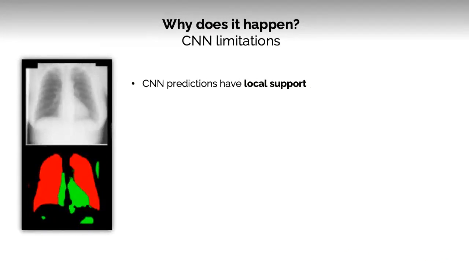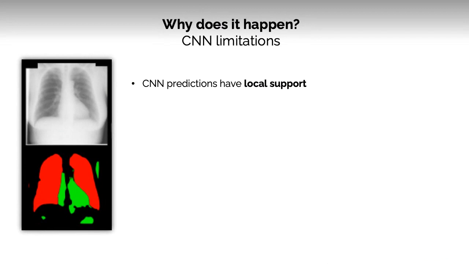Why does it happen in general when we use deep learning models to perform these tasks? Why do we end up having these non-anatomically plausible shapes? In general, the models we use here are CNNs, or well, nowadays more transformers, but when we started working on that, it was mostly CNNs, and CNNs have this property of local support, right?